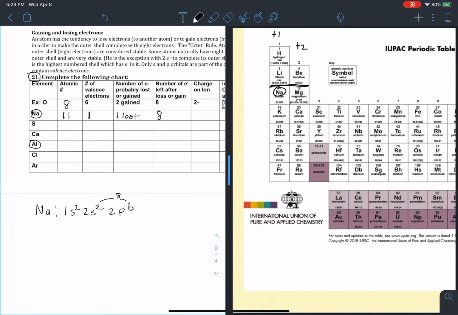But they don't, because sodium technically lost that orbital. It just won't have a 3s anymore, so it will pretty much look the same as neon, and will have that complete octet, and it will be okay.